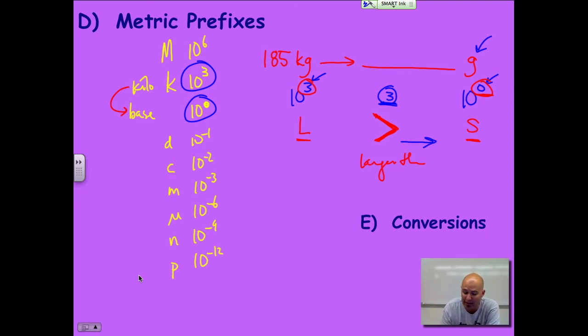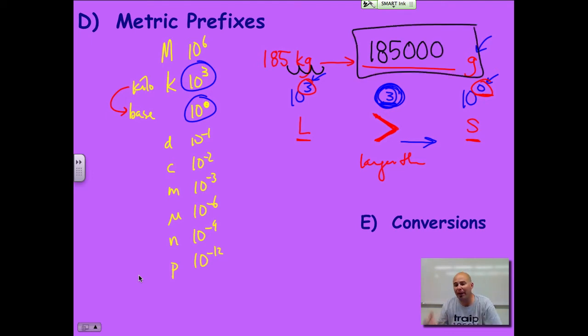If we point it to the right, we're going to be moving the decimal point 3 places to the right. 1, 2, 3. We would get 185,000 grams, which makes sense when you think about it. Because a kilogram is larger, you need more of the smaller things, grams. You need 185,000 of them to equal the kilogram.